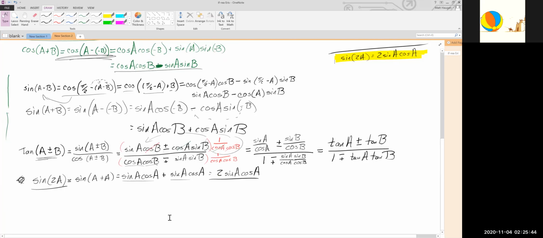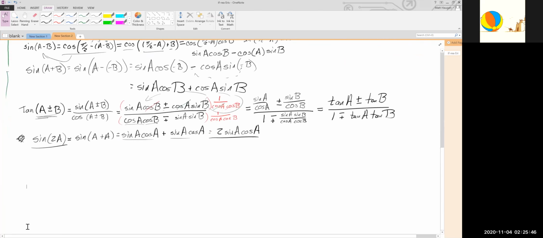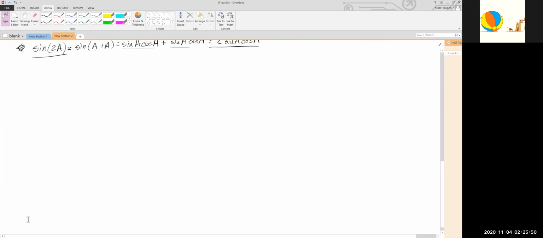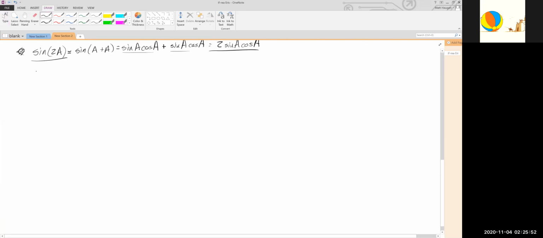Could we do that for, say, tangent? Well, of course we could do that for tangent. You're going to get tired of me asking you if we can do things. Of course we can do things, as long as we learn how to manipulate these. So let's say tangent of 2A. If we look back up at that formula, that means the tangent of, well, let's write the A plus A first, because that's our link to our angle sum formula.